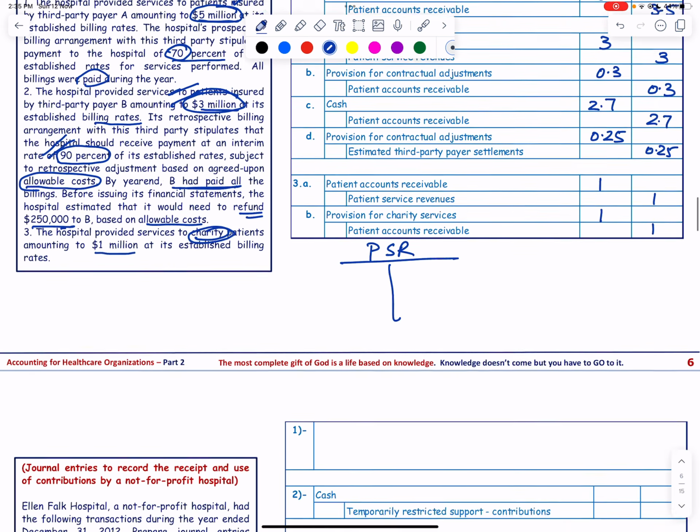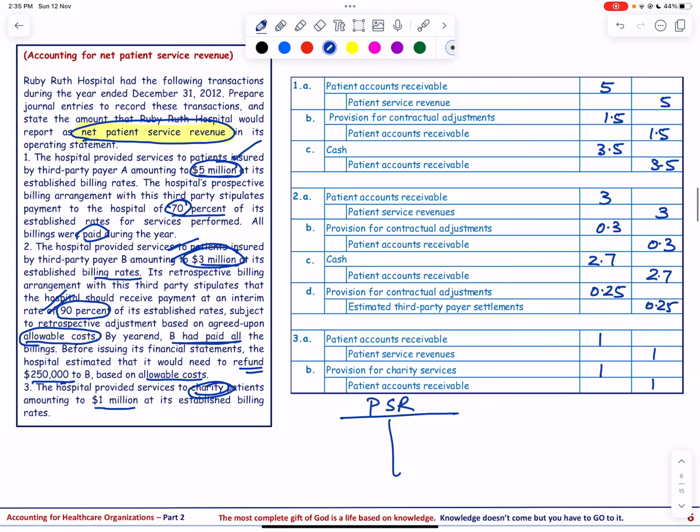We have patient service revenue of 5 million, then patient service revenue of 3 million, and patient service revenue of 1 million. That's it.